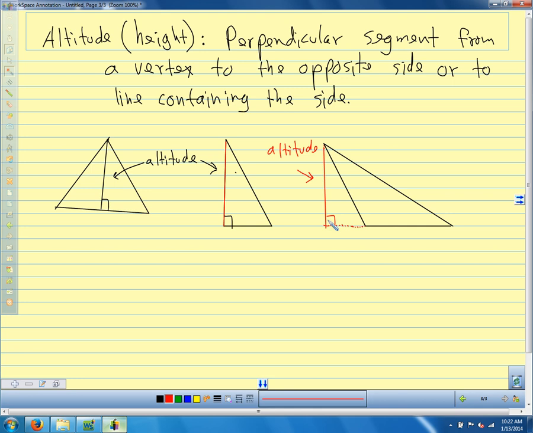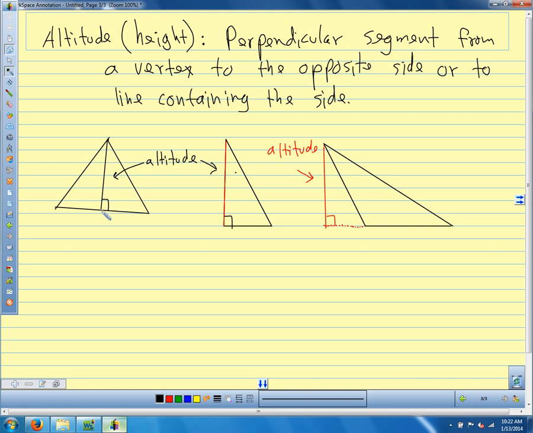Yes? Like altitude, how is it different from median? So the altitude doesn't have to go to the middle. That's how you tell the difference. The median goes to the middle of this side. The altitude just has to go at a 90-degree angle. Okay. So they do end up in the drawings looking kind of the same. So that's what makes them tricky to keep separate.